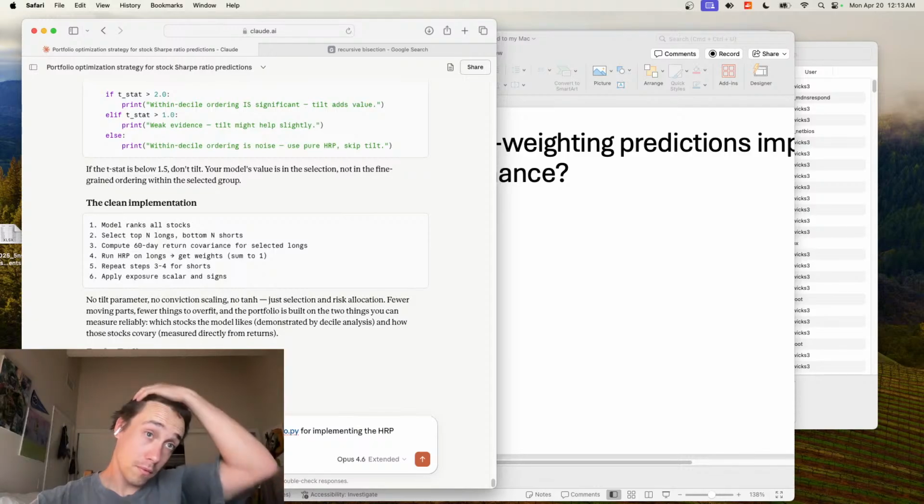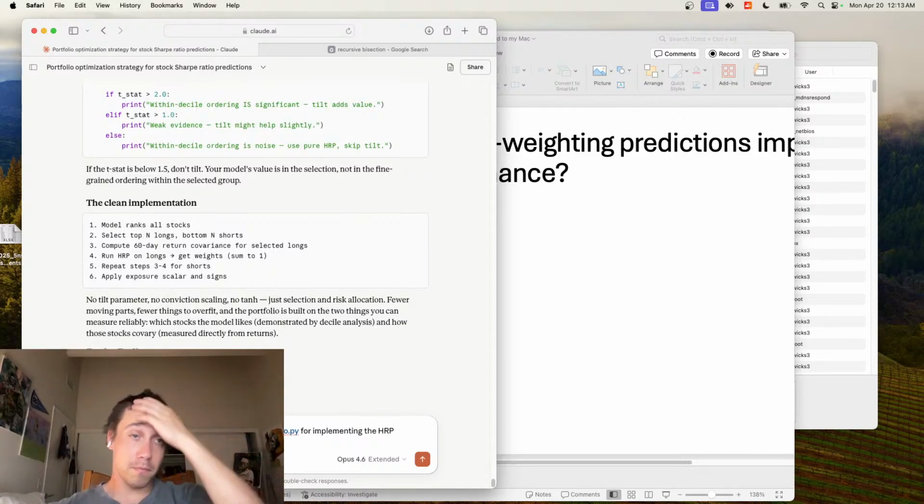Don't write any code yet. Let's just go over the high level structure.